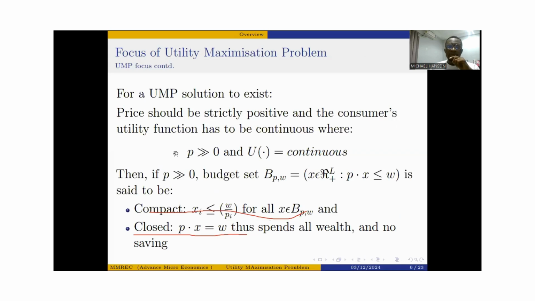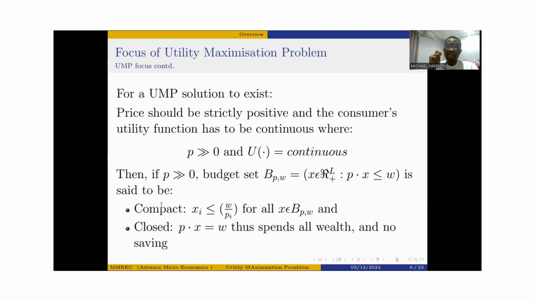Now, with a given utility function, there are always going to be constraints, and the constraint will be the budget constraint. So with a given budget, the consumer wants to know how many he can consume to achieve this level of satisfaction. Now, your budget needs to hold some assumptions. First, your budget has to be compact.